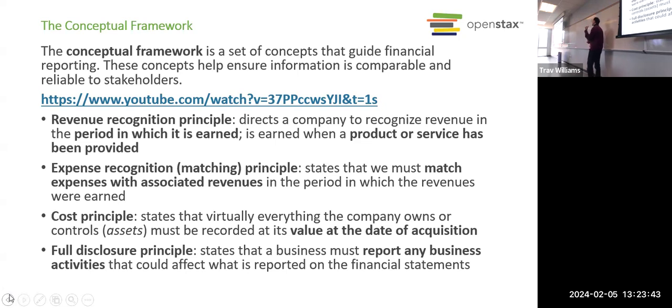We might have made the product last year. Maybe it's been sitting on the shelves all this time, but we couldn't count it as an expense until today when we sold it. Okay, and that is the expense recognition principle. You have to match the cost of your product with the revenue. Only count it as an expense when you've made a sale.